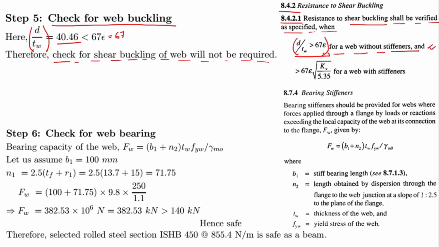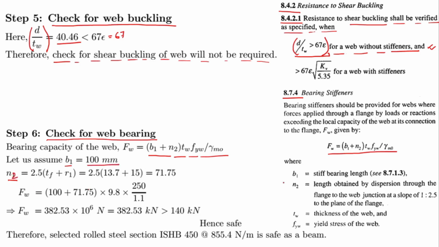Okay. In the next step, we have to check for web bearing. For that, we have to follow the clause number 8.7.4. Under that clause, we have to calculate Fw, which is equal to B1 plus N2 into TW FYW by gamma m naught. First of all, let us assume B1 equal to 100 mm.